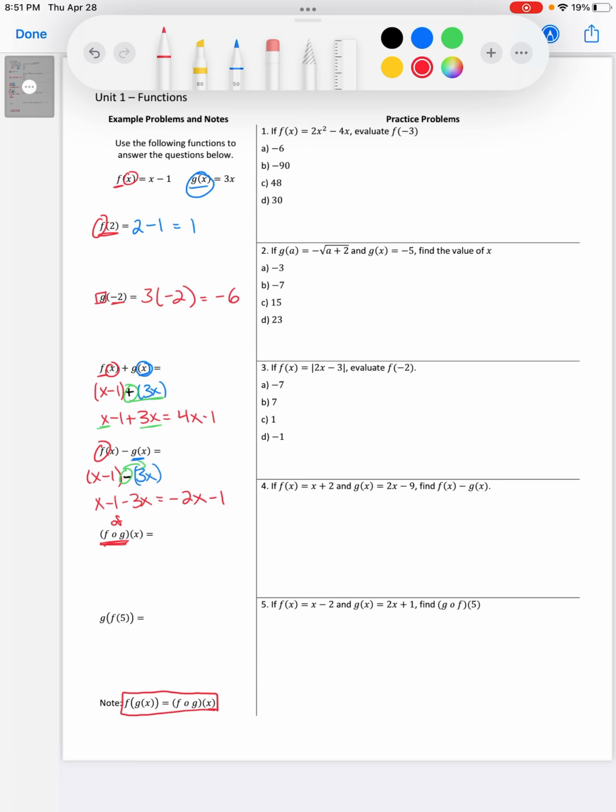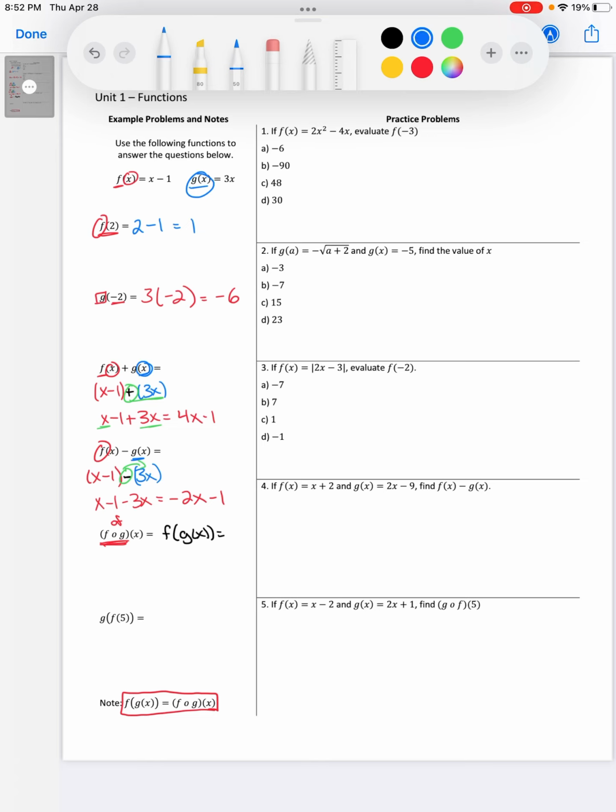If you open a Russian nesting doll, there's another doll. You take that doll out, open it up again, there's another doll inside of it. These are equations in equations. So I like to rewrite this the other way. I know that I have f on the outside and g is inside of f.